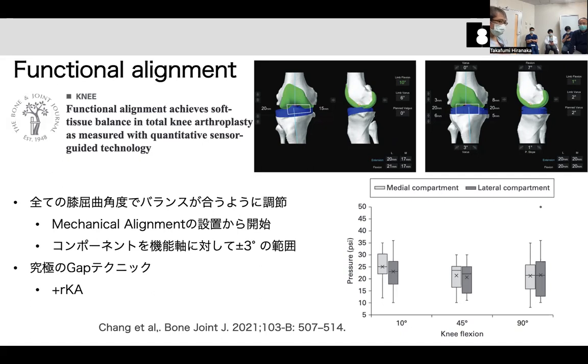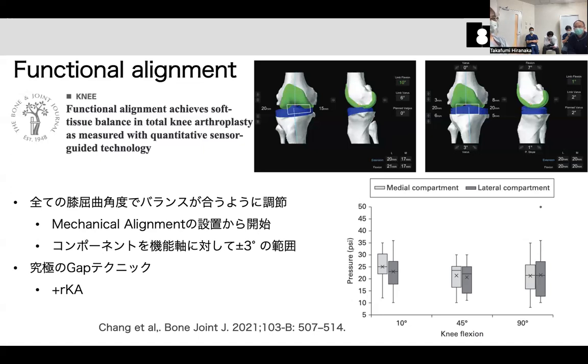So furthermore, this technique is maybe better for the PS component. So the PS component is basically made for the gap balancing technique. The concept of PS is to destroy everything, leaving the minimum soft tissue, that is the medial and lateral collaterals, and sacrificing both cruciates, and sometimes making a release, and making the balance.